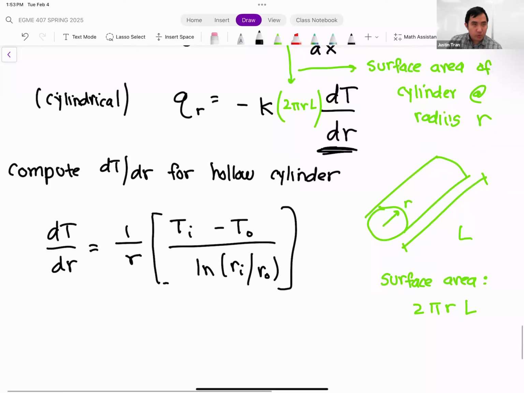All right, so now that we have the derivative of the temperature with respect to r, let's go ahead and plug this back into our Fourier's law.